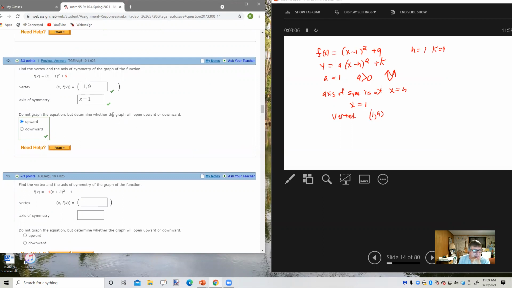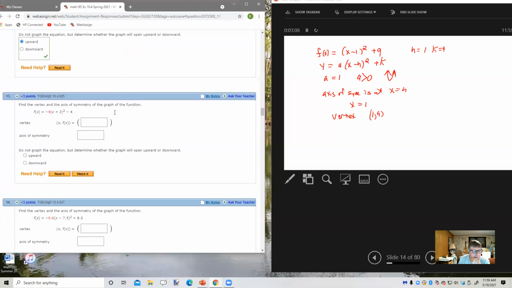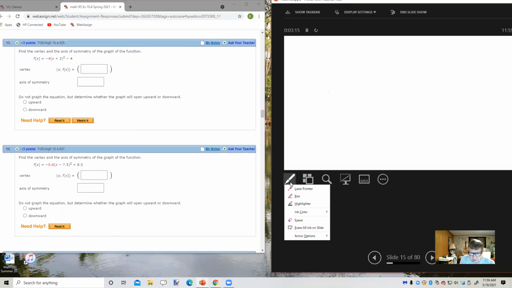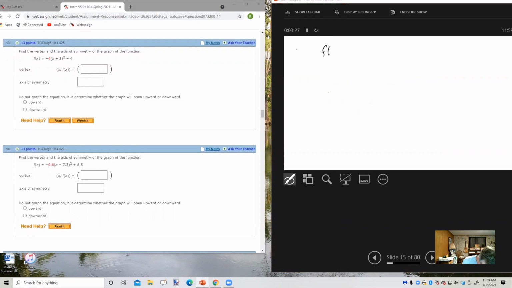Let's take a look at another example. This is number 13. Okay, let's see. Let's go back to black here and see how that looks. So we've got f of x equals -4 times the quantity x plus 3 squared minus 4.